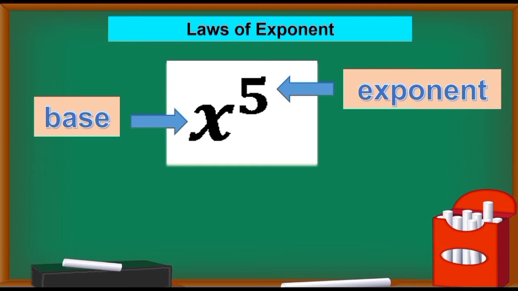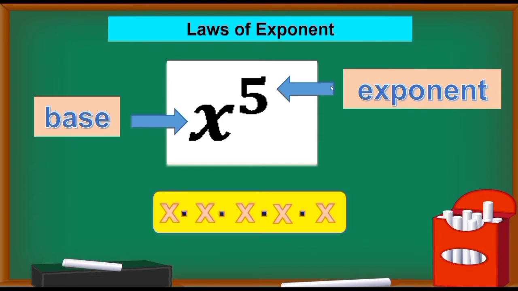Si exponent ang nagsasabi kung ilang beses imumultiply ang base. So, since x raised to 5, ibig sabihin, yung x po ay imumultiply ng 5 beses. So, x times x times x times x times x. Yan po ang x raised to 5.